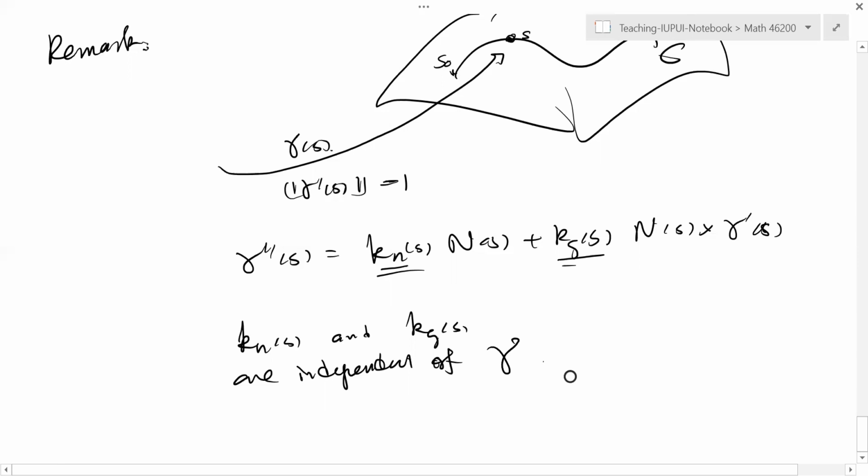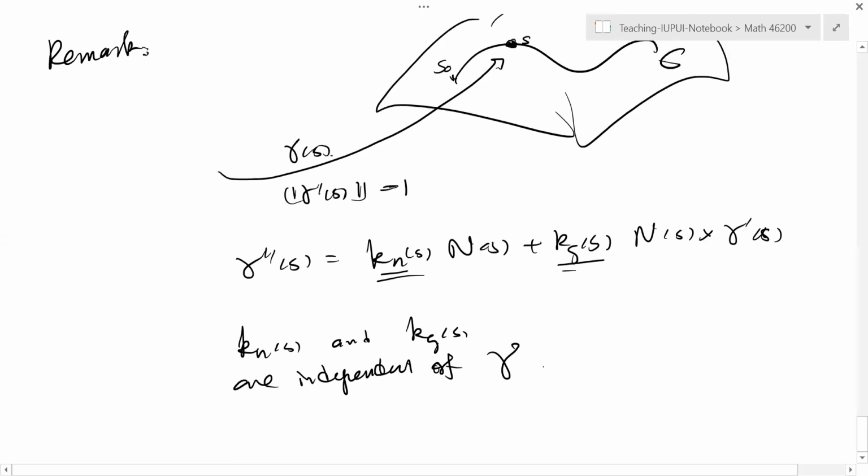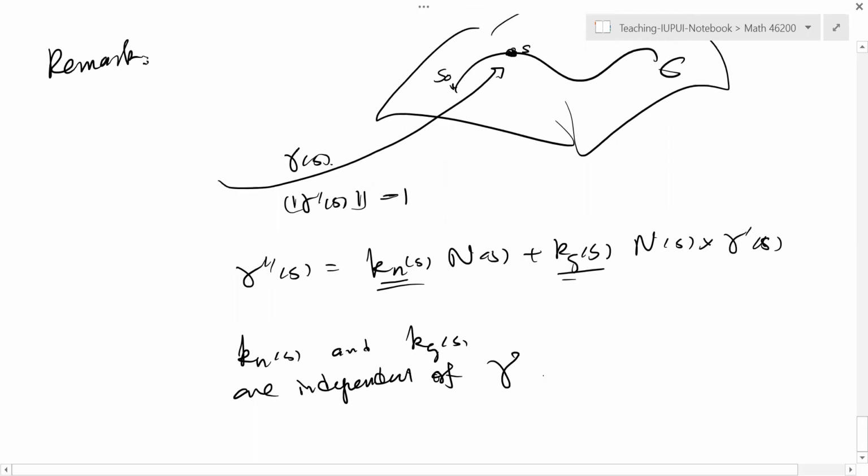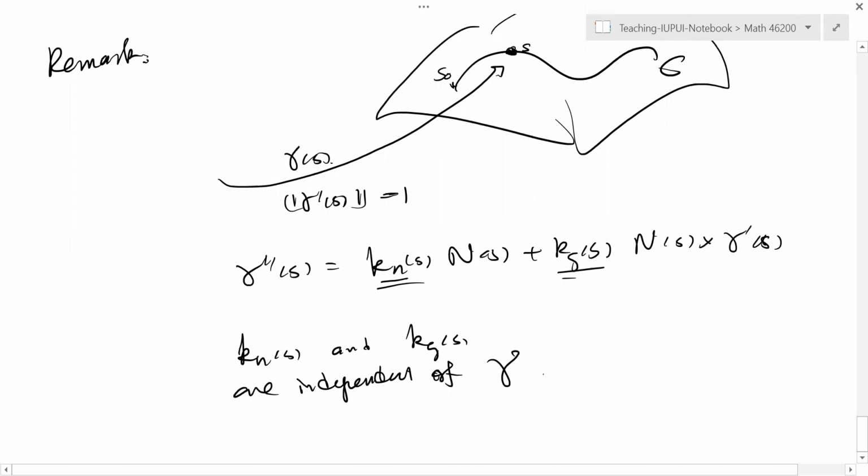So the so-called normal curvature and geodesic curvature of the curve at a particular point, you can choose a map gamma to compute, and even the parameter is not necessarily unit speed. But in the definition, the geodesic curvature is defined using a parameterization with constant speed, unit speed.